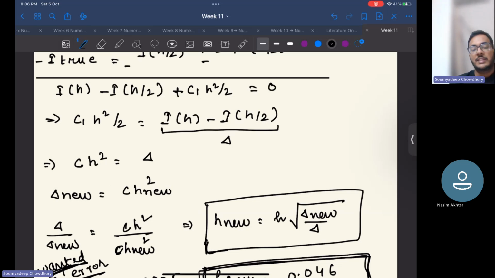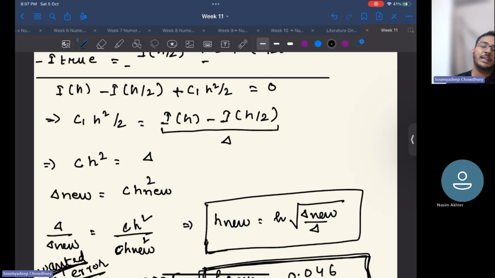So now this h nu is my new value of h, with which we want to get an error of delta nu. Your delta is basically the error, right? Or it's not the error actually. It is the difference between the integral at step size h and step size h by 2. The other way round of saying the same thing.